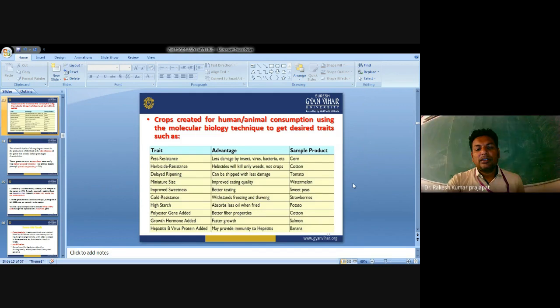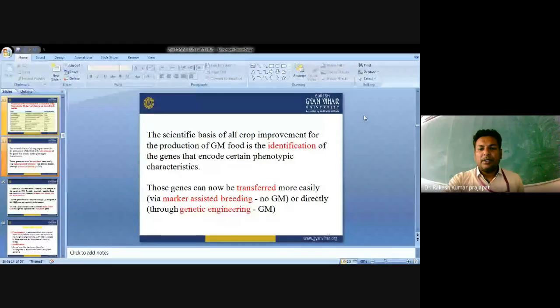Hepatitis B virus. Identification of genes that encode proteins for certain phenotypic characteristics.